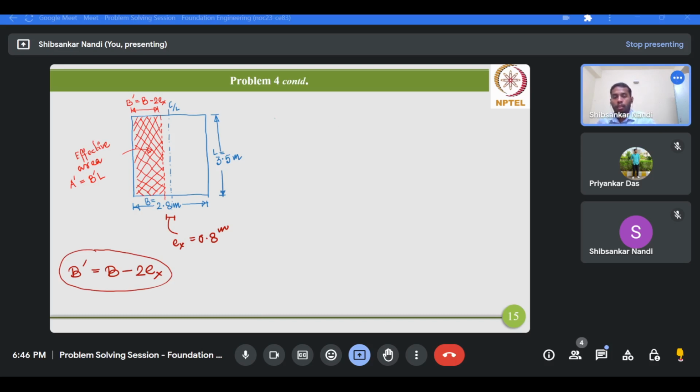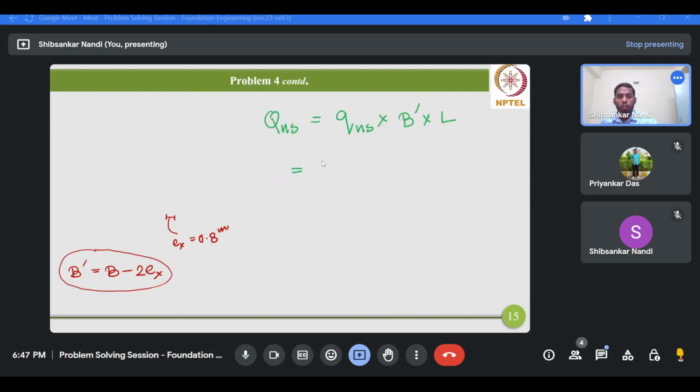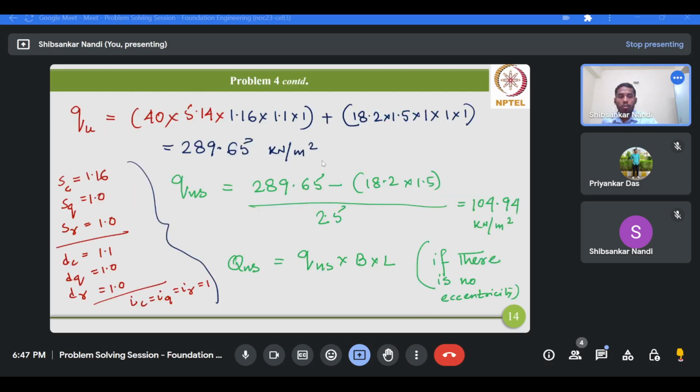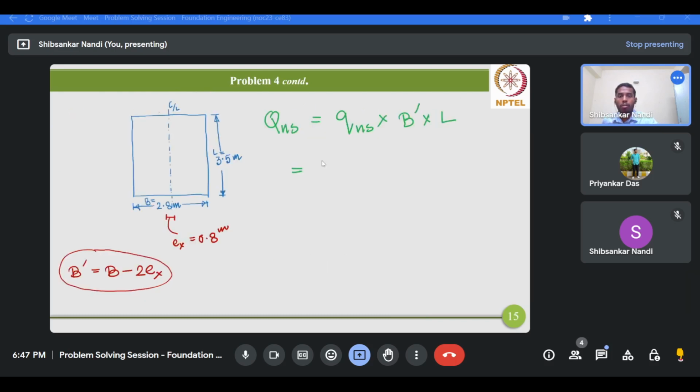Therefore the applied load with a recommended factor of safety would be qns times B prime times L, since this is a case of one-way eccentricity. Now what is the value of qns? The qns value is 104.94.